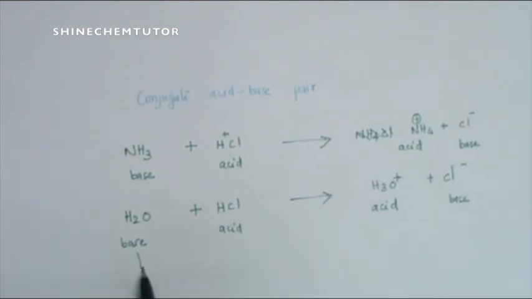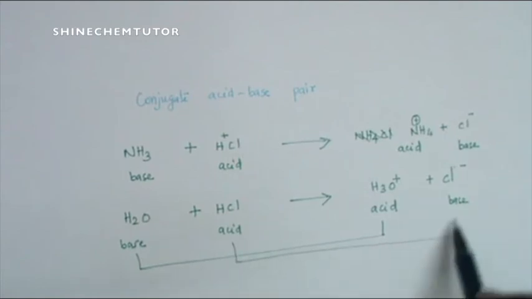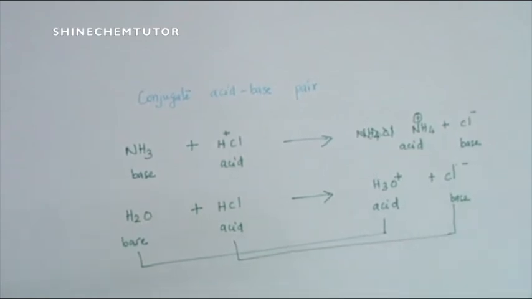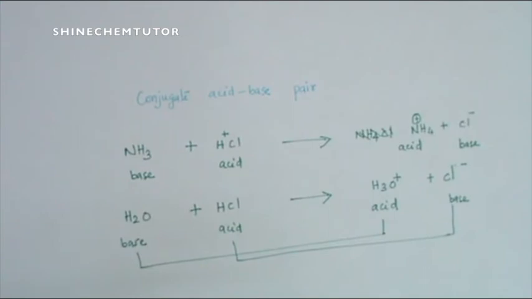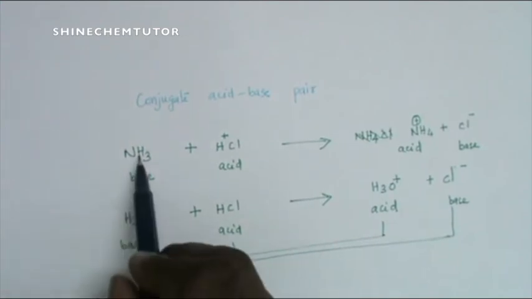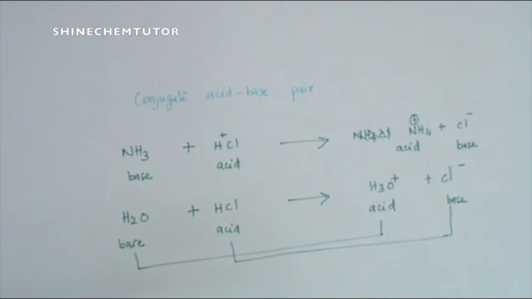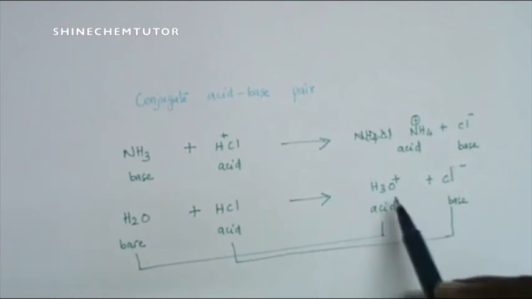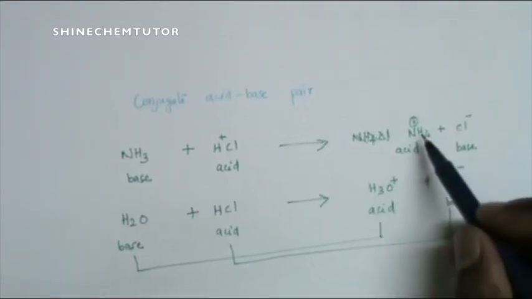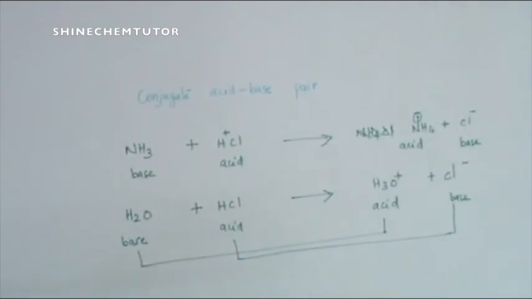Now these two are known as conjugate acid-base pair. Similarly, these two are conjugate acid-base pair. You may know ammonia is stronger base compared to H2O. You may also know that H3O+ is stronger acid compared to ammonium.